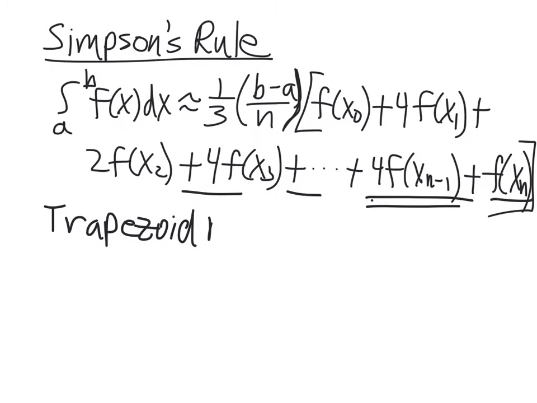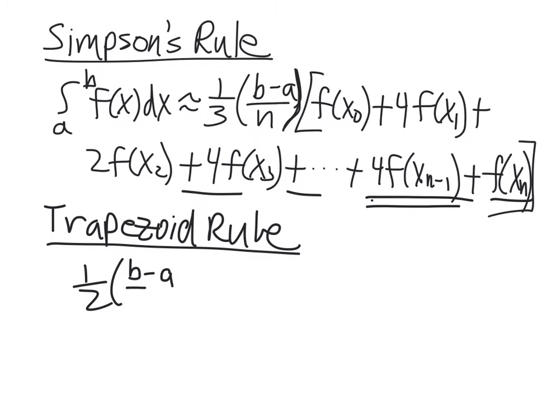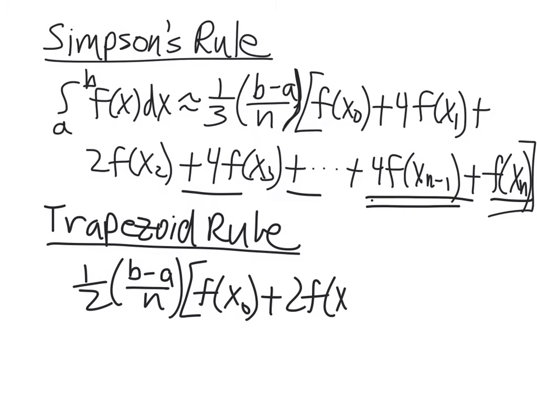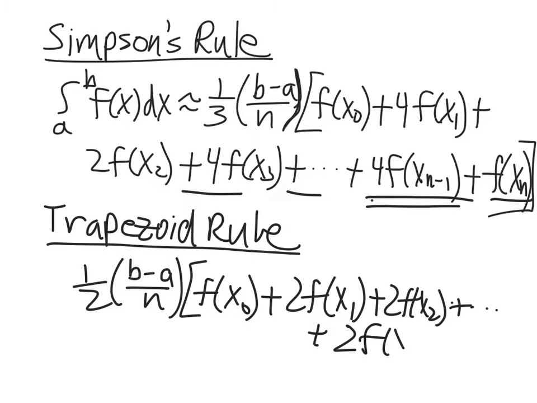The trapezoid rule looks somewhat similar, but in terms of the area of all these trapezoids, 1/2 times b minus a over n, and then times the pattern, which is just 1 for the first one and then 2 for the middle ones. And then finally, the very last one, we just have the 1.